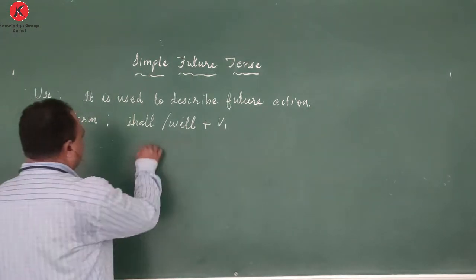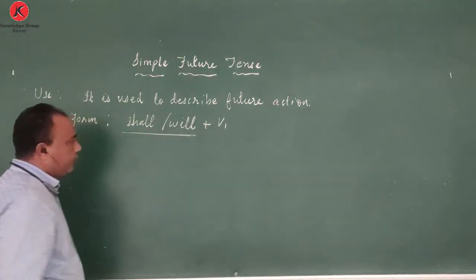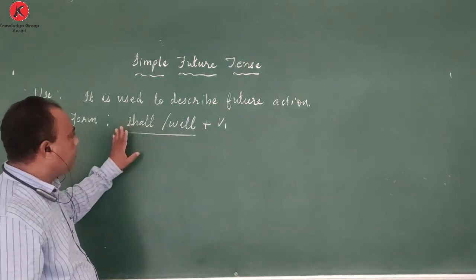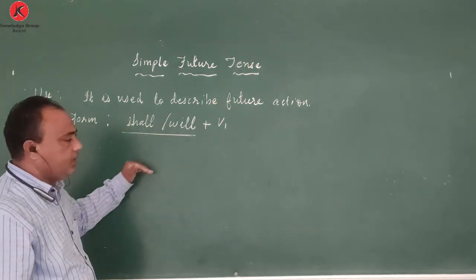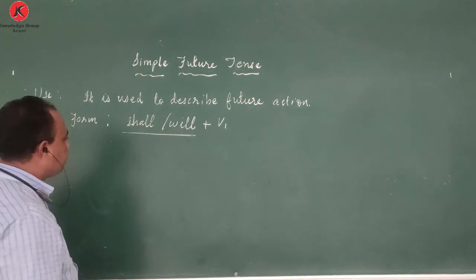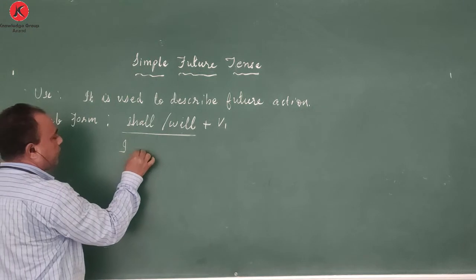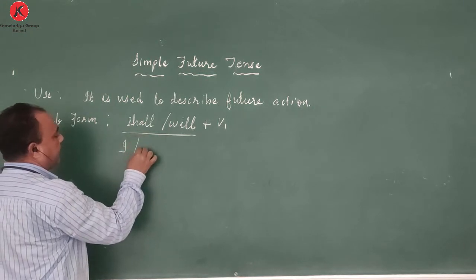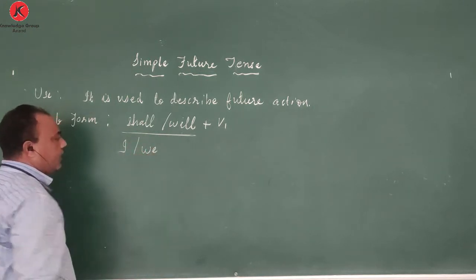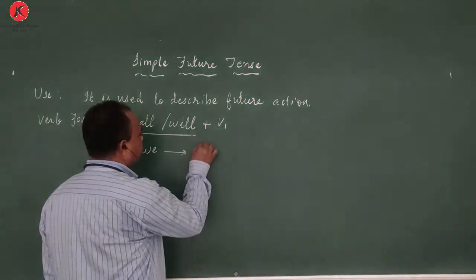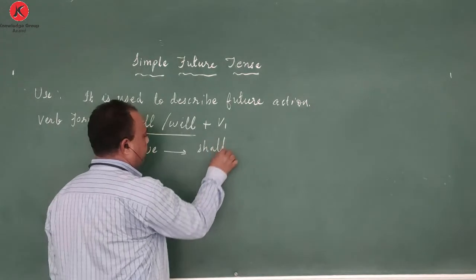Now, some of you might have an idea, some of you may not. Shall or will: when to use shall and will according to the subject. See, dear friends, whenever I talk about myself, I or we, generally in British English, it goes with shall.